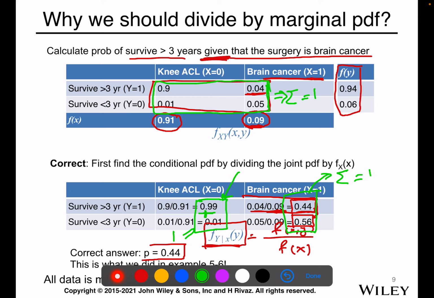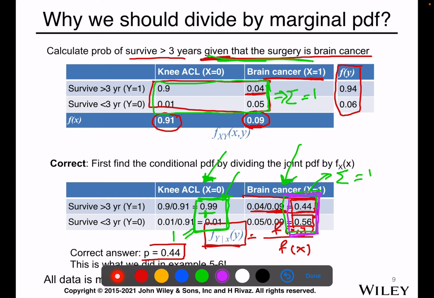So that means that when you're calculating the conditional probability, you are either in this column or in this column. You can't be in both columns. That's the meaning of the conditional probability, meaning that if you're conditioning on the type of surgery, the type of surgery is either brain cancer surgery or knee ACL. You can't be in both of them. That's the reason these numbers add up to 1, and these numbers also add up to 1.